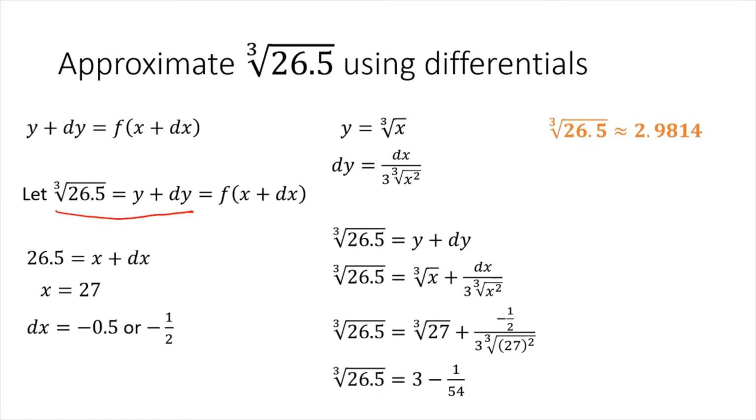Therefore, cube root of 27 squared is 9. 9 times 3 is 27, times 2 is 54. So we have 3 minus 1 over 54, and this will result to 161 over 54, or approximately 2.9815. And it's approximately the same as the one that we obtained using our calculator.